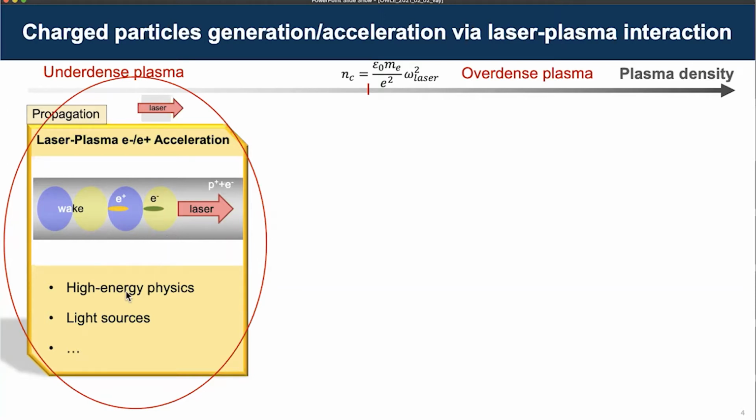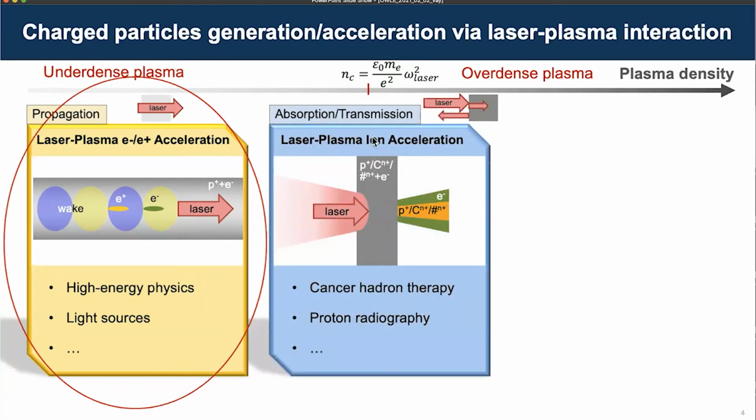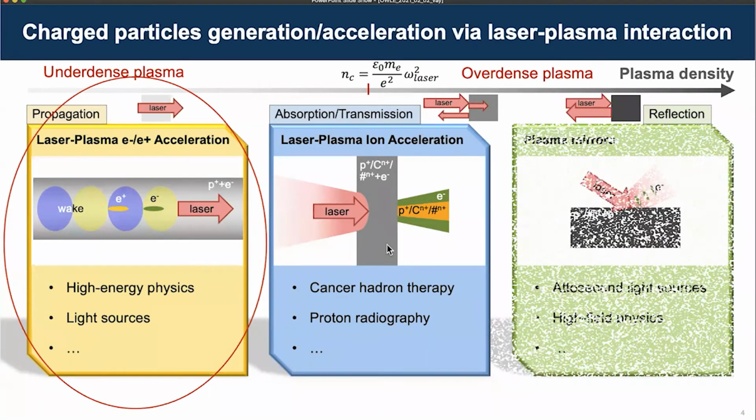The main applications are in high energy physics, potentially colliders, and light sources. Then you can instead, with a higher density plasma, have some absorption and transmission, and then generate and accelerate some proton or ion beams. Some applications could be cancer hadron therapy, proton radiography, and more.